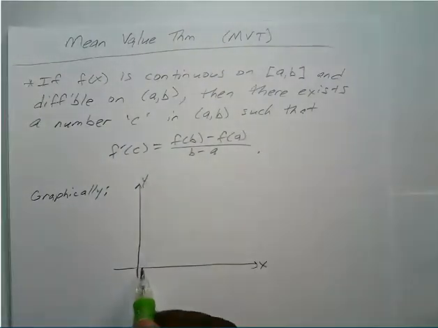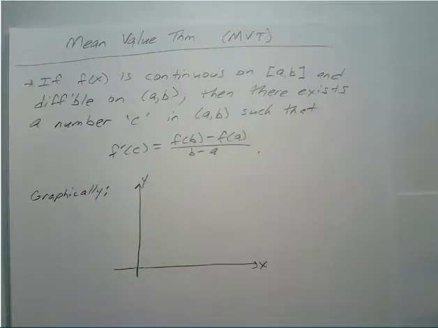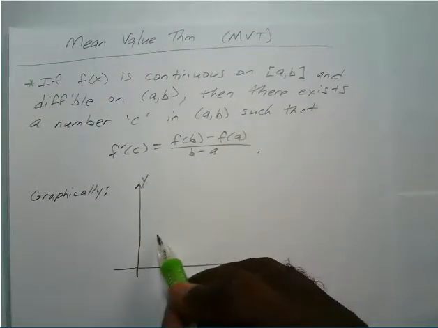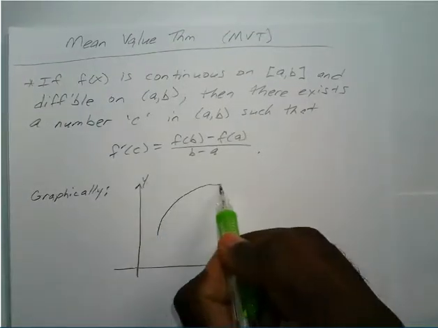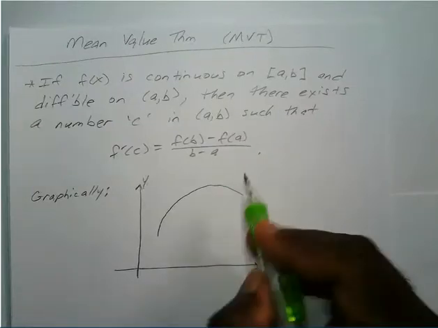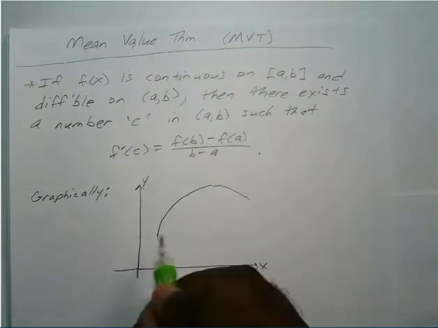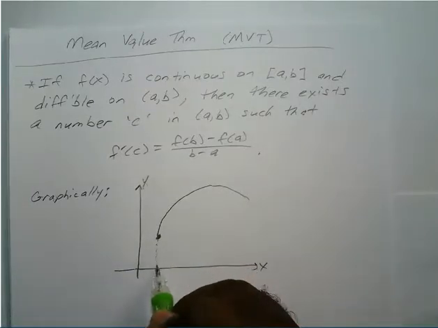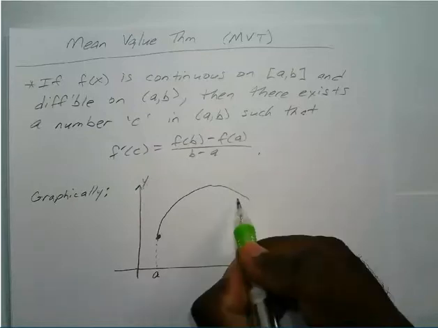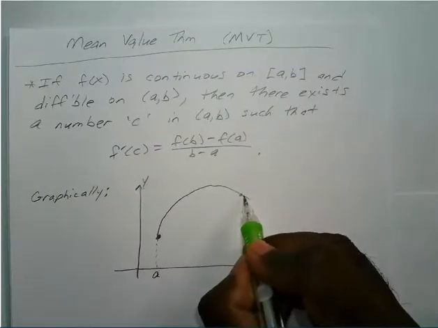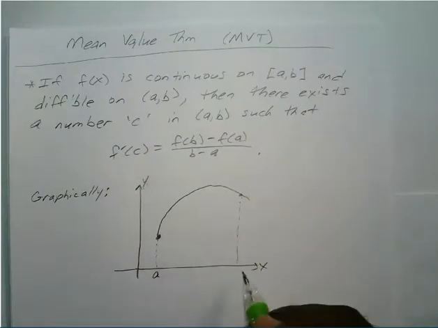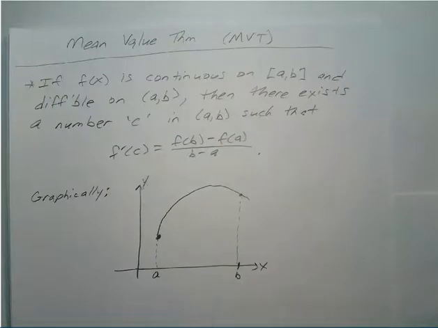And that's good enough. Okay, so let's say we have a particular portion of a graph. Let's say this is our value x equals a, and this is our value x equals b.